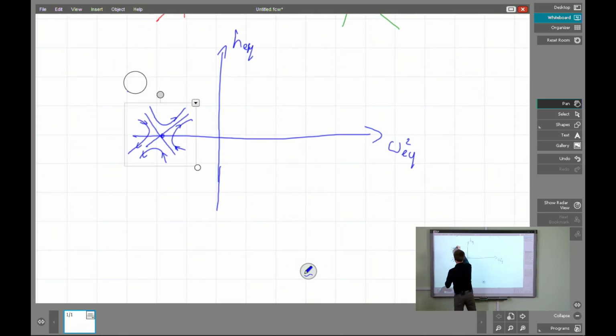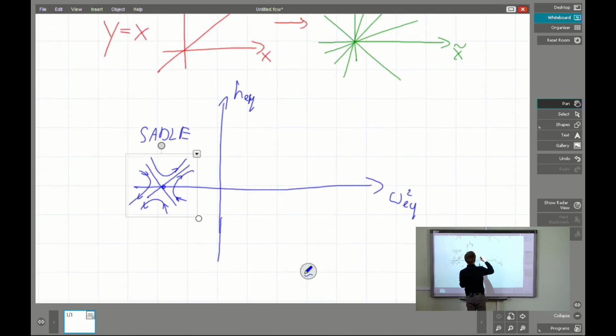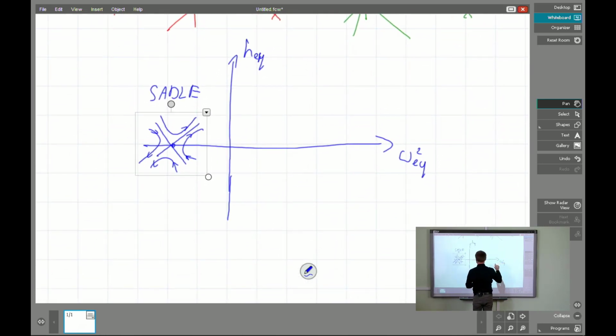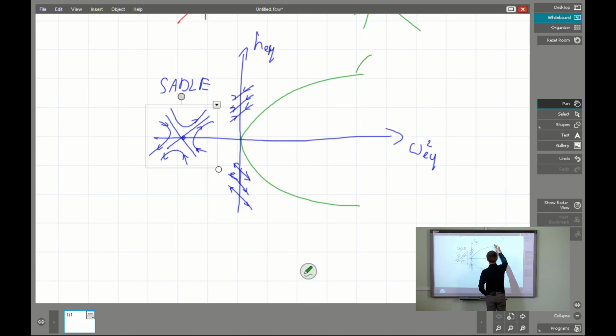Second thing, oh sorry, my bad. Saddle. And for omega 0 square, we have the lines in that way. Here we have the unstable lines. Here we have the stable lines. Here we have some boundary given by that condition.